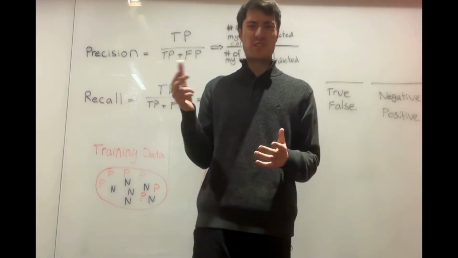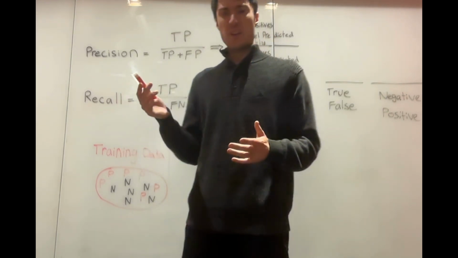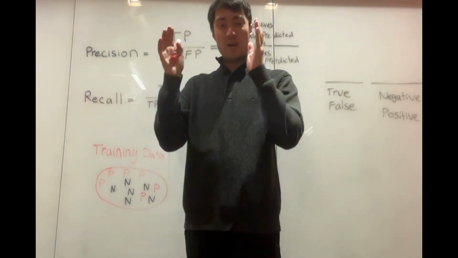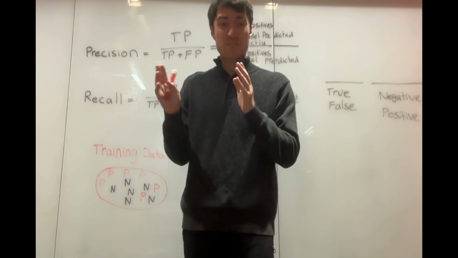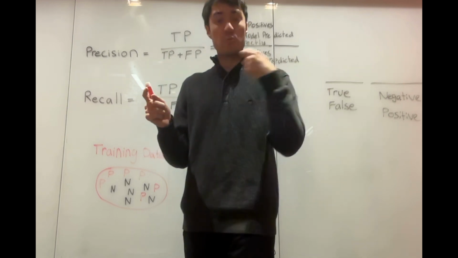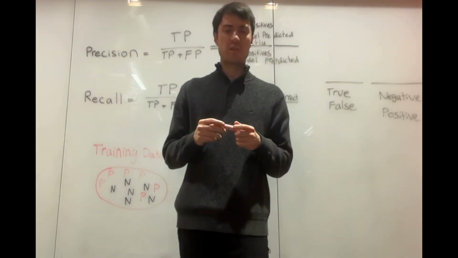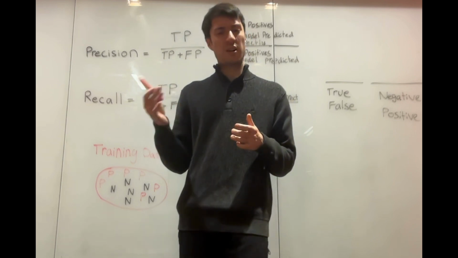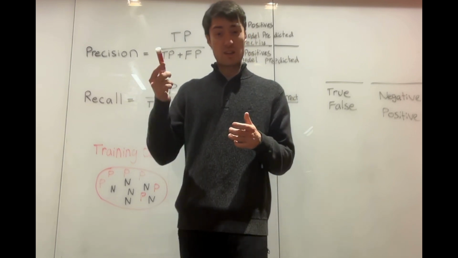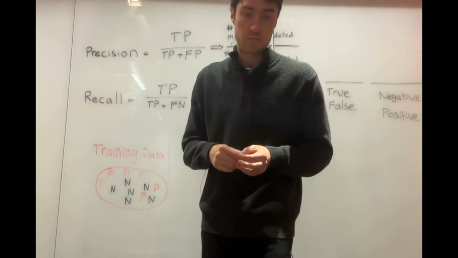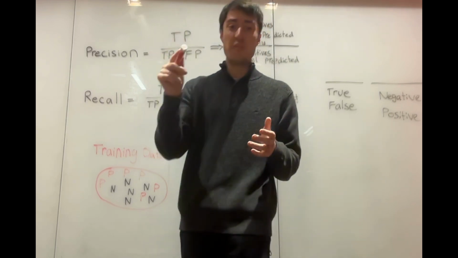So what is precision actually good for? If recall is out of how many actually have cancer, how many it was able to identify, why would we have precision? Well, think about the scenario in the case that my model always predicts cancer, right? It says you have cancer, you have cancer, everyone has cancer.